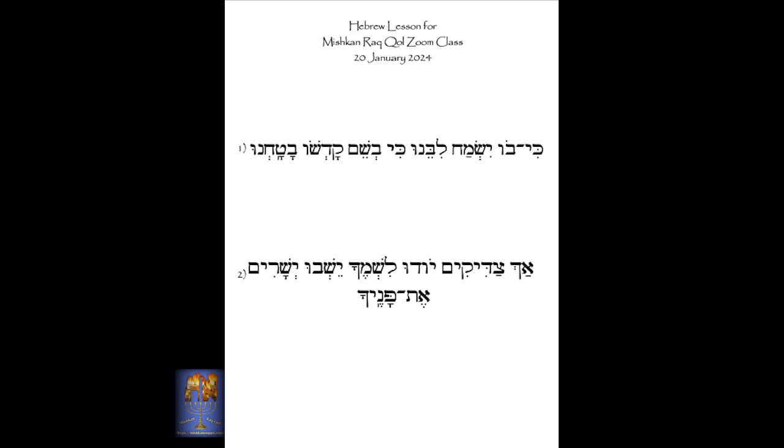See how it's square on the bottom and it's at the end of a word? So this is mem sofit. So we have ve, sh, em, veshem. All right, veshem. So what's the next word here?